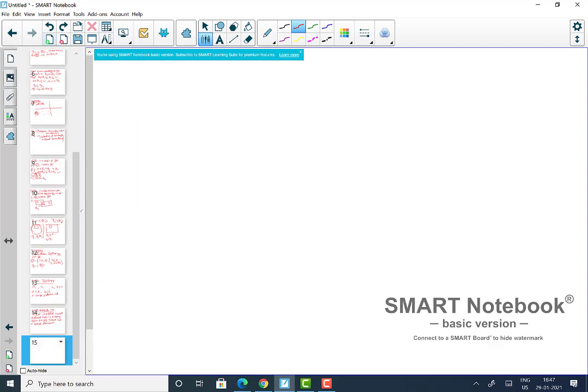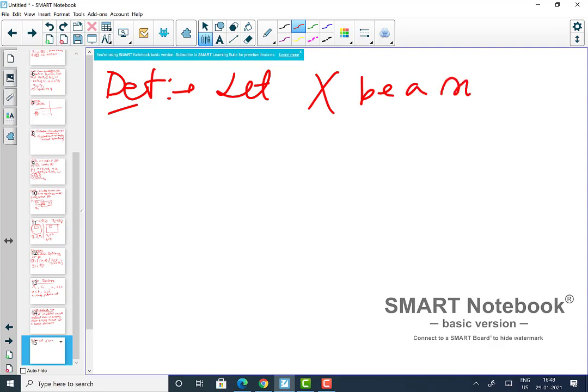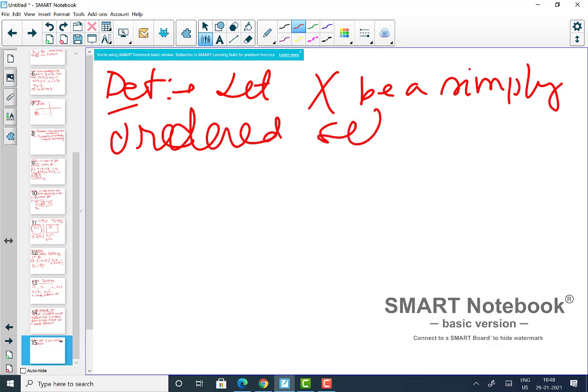Now I am starting with a simply ordered set. This is my definition of order topology. Let X be a simply ordered set. I am not saying well ordered, it can be well ordered also.